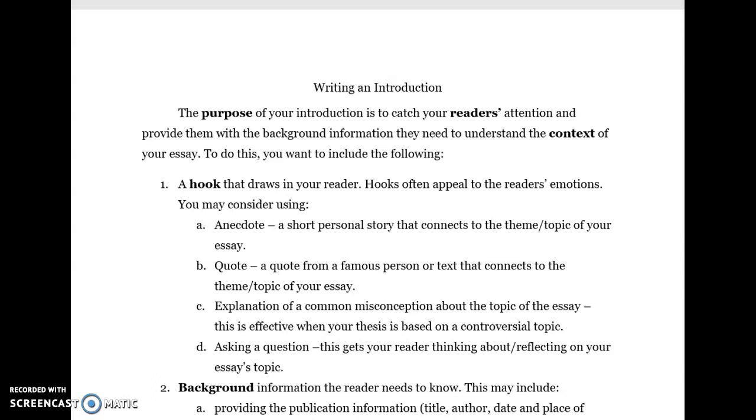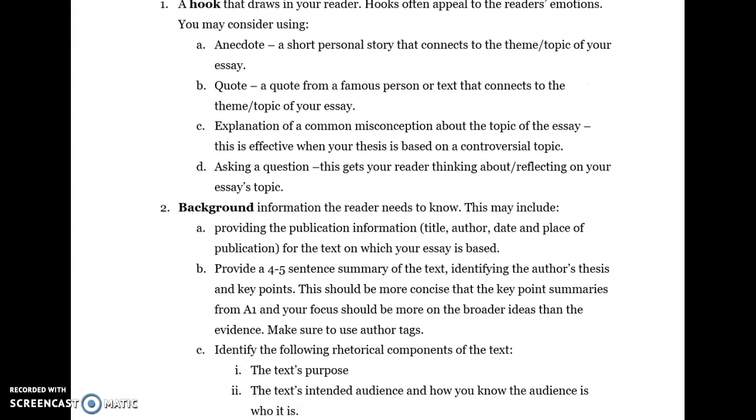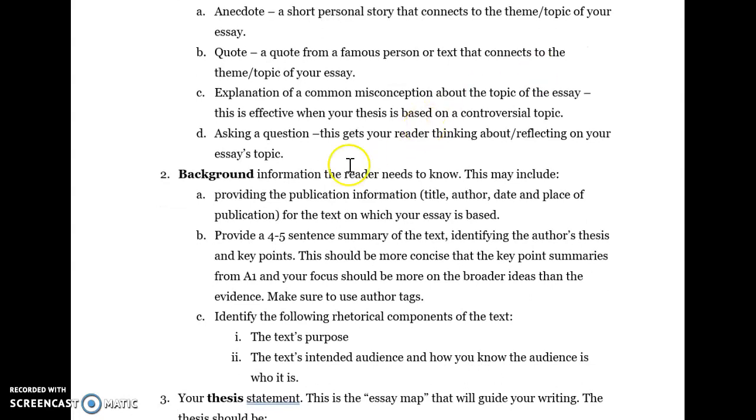So you are going to start with your hook, which should be used to draw your reader in and get them interested in this topic, in this article that you are analyzing. You have several different options which you can use in order to do this. And then once you have established that interest from your audience, you want to make sure that you are clearly introducing the article.